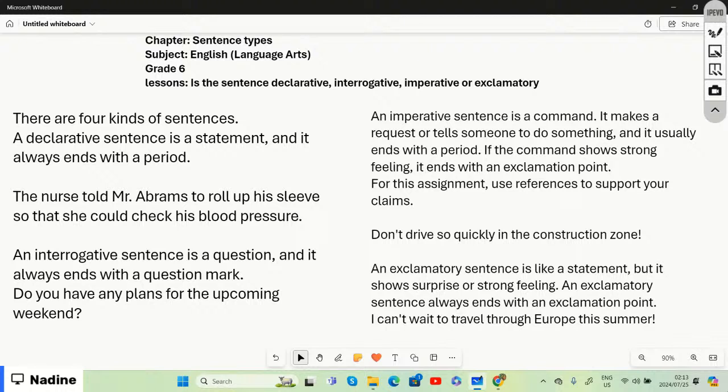Exclamatory sentences are like statements, but they show either surprise or strong feelings.